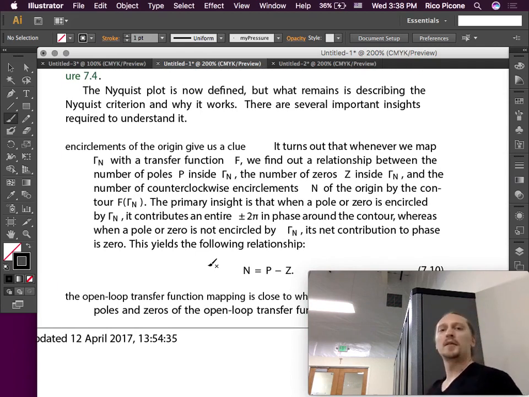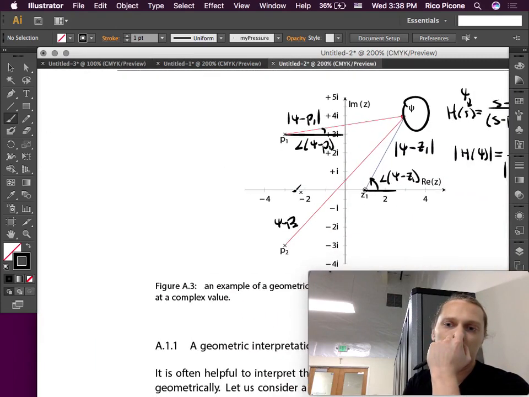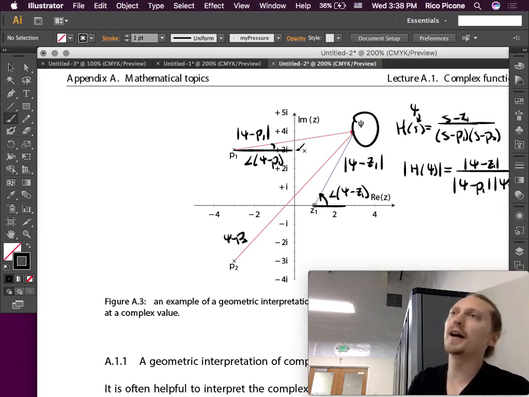Because if you're outside, let's go back to our little example here. If you're outside the contour, this red line, say, it'll go up a little bit, and then it'll go down a little bit, and it'll come back up. But no matter how big that circle is, it's always going to go up a little bit, down, and then come back up, right?